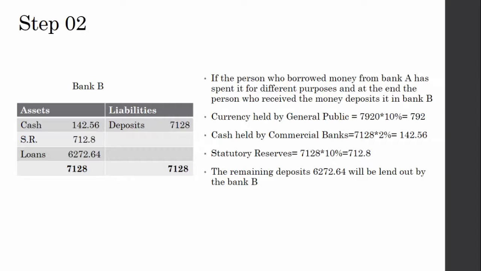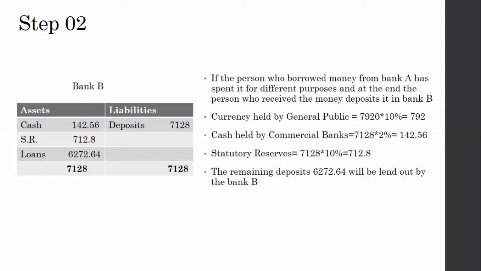Out of that money, again 10% will be kept as currency held by the general public, which is equal to 792. The remaining part will be deposited in another bank, Bank B.